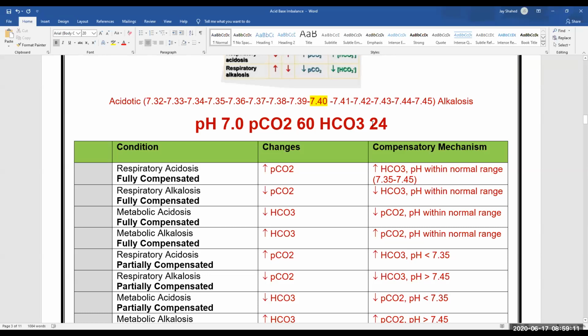Now, how do we compensate this? We move this up, right? So if I tell you this is like 35, then it's fully compensated now because it moved up with this to compensate. Now, is it fully compensated or partially now?